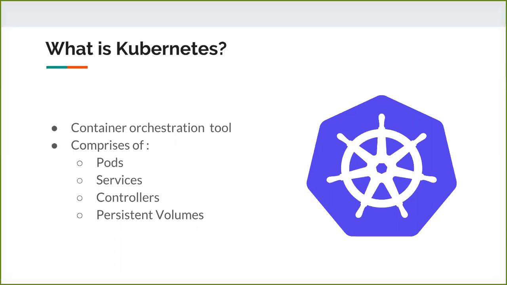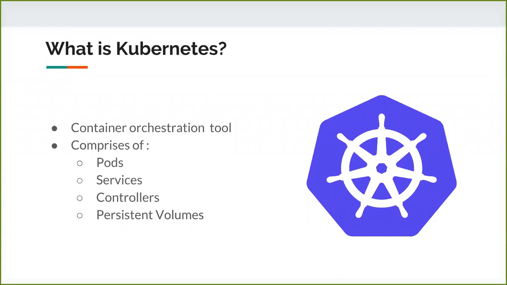The next part is persistent volumes, which excites us as OpenEBS contributors. Persistent volumes are provided by Kubernetes as a concept to attach a volume to your particular pod, and this is where OpenEBS comes into the picture.